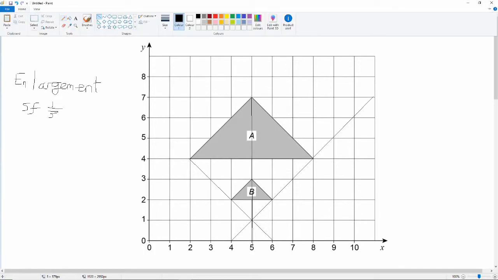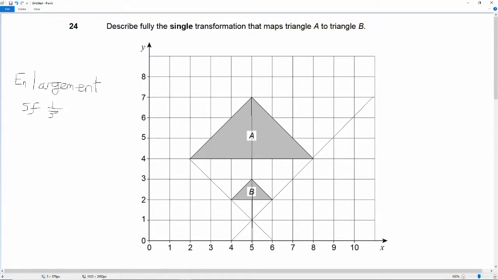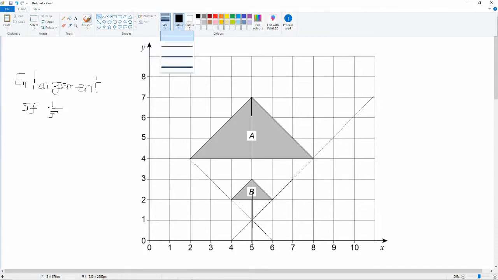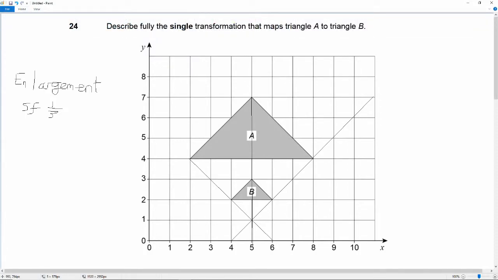So if you actually see what they've done, I get a slightly thicker line. So from here, there's your vector here. Trying to draw an arrow.